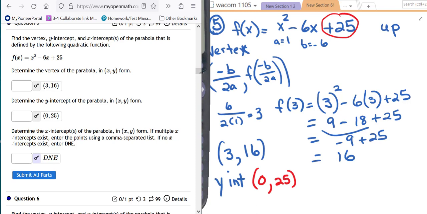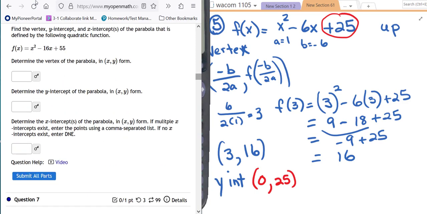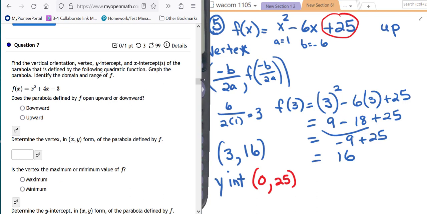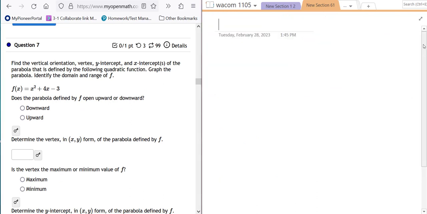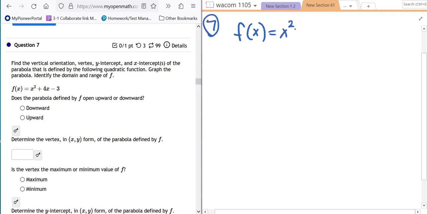On the calculator. All right. Then I went to 7, and here's our function.